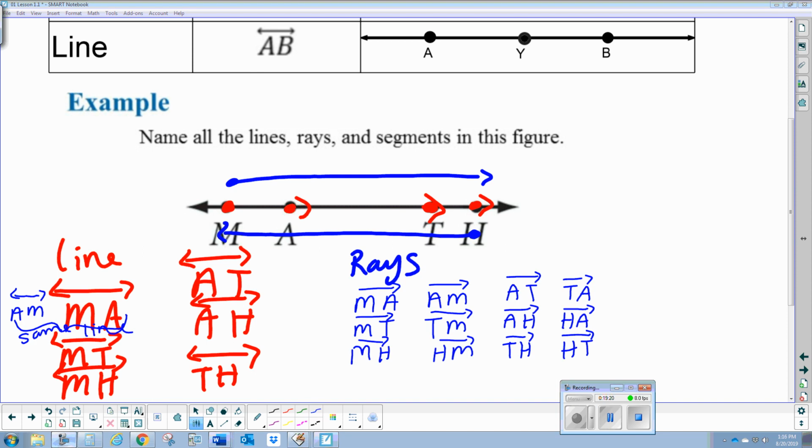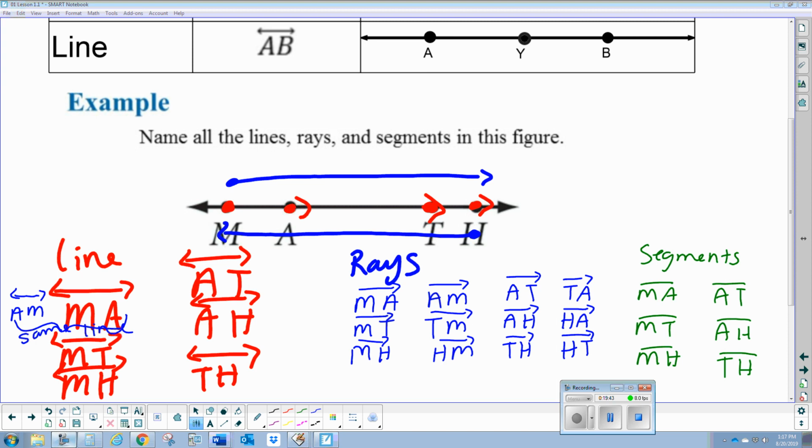Okay, so notice there are twice as many rays as there are lines. Line MA and line AM are the same line, but ray MA and ray AM are two different rays because they go in different directions. And when labeling the segments, the mark above each set of two points is just a segment.